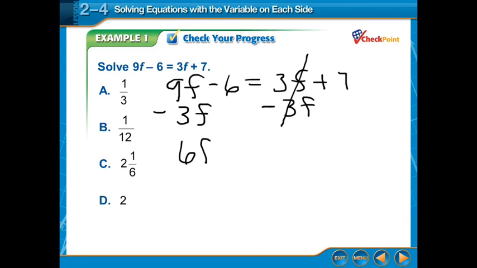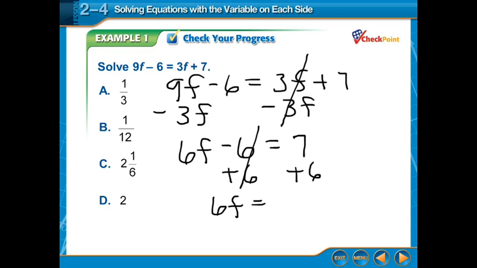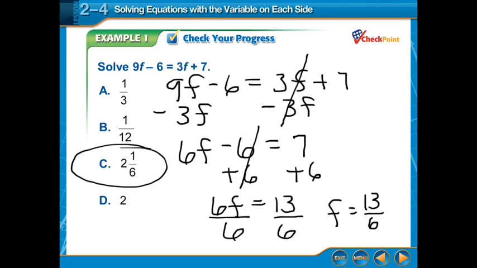I get 6f minus 6 equals positive 7. Add 6 to both sides. Notice I'm getting my variables on the left-hand side, my constants on the right. I have 6f equals 13. If I divide both sides by 6, I find that f is equal to 13 over 6, or I could change that to a mixed number of 2 and 1/6.